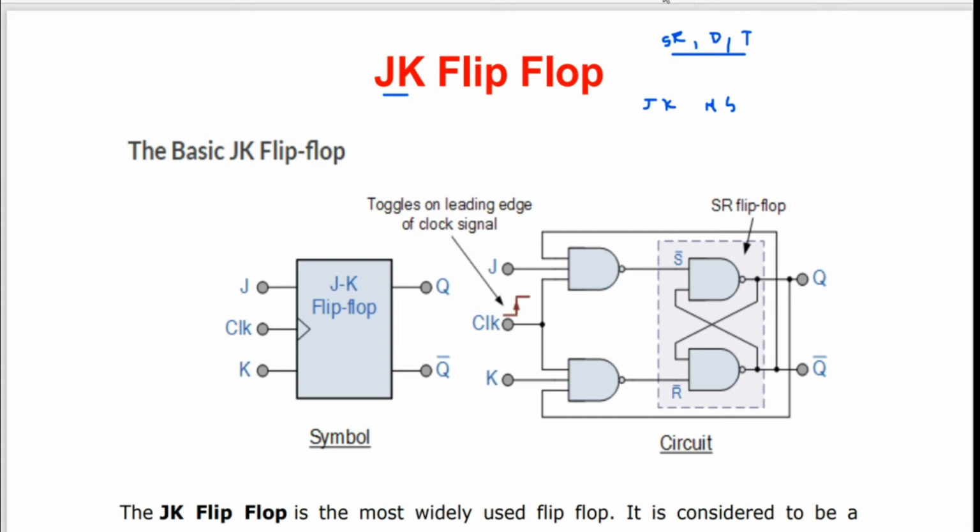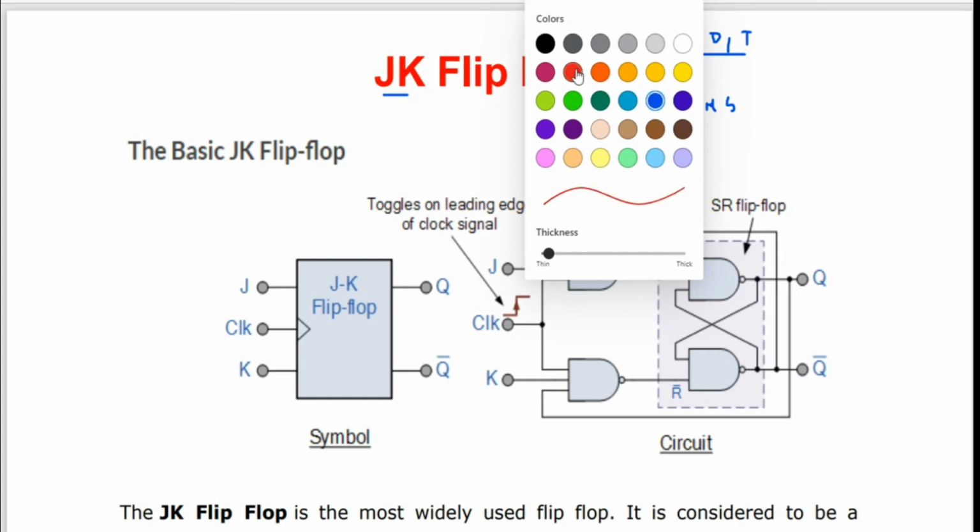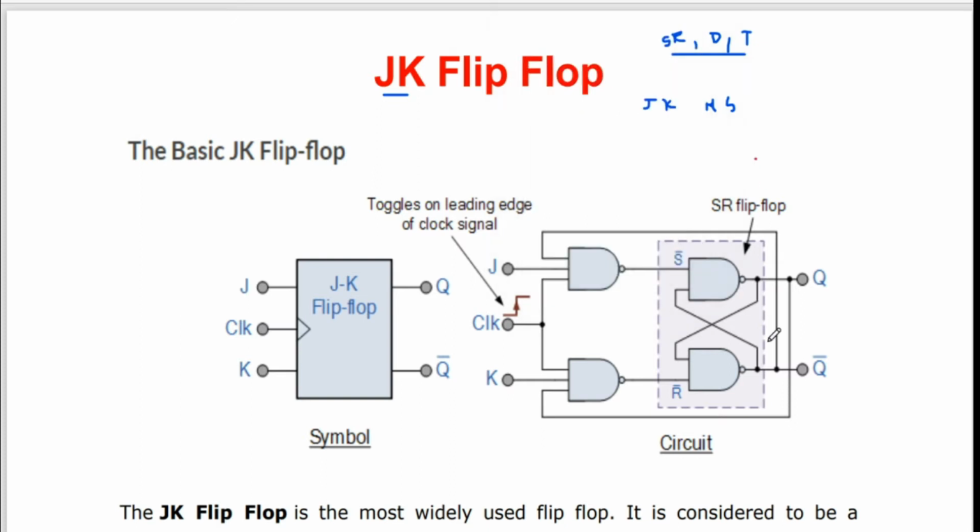Okay, so here you can see, students, is that okay? So this is basically your SR flip-flop only. Now a slight modification we have done: instead of S we have the J, and instead of R we have the K input coming.